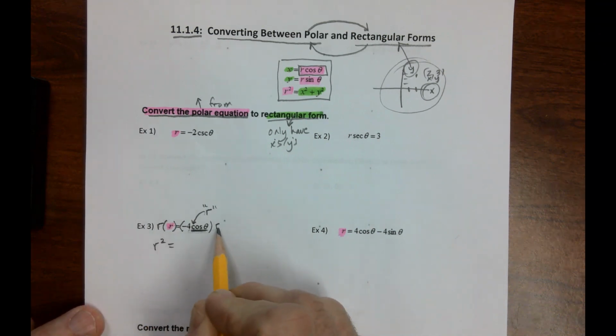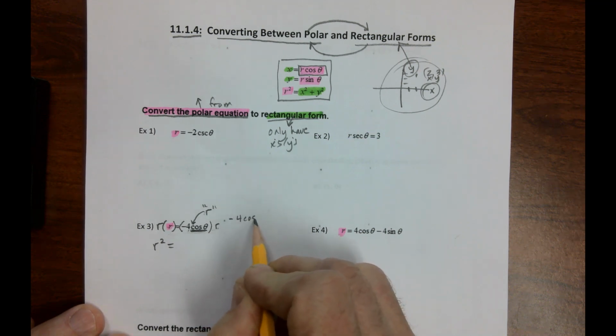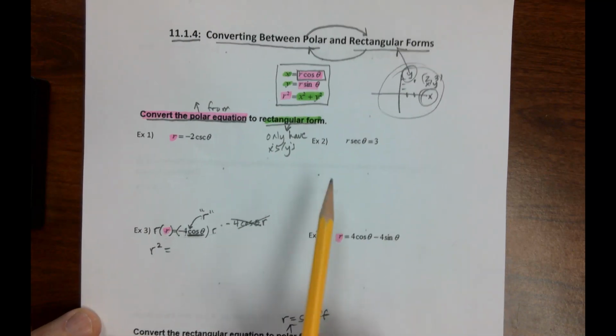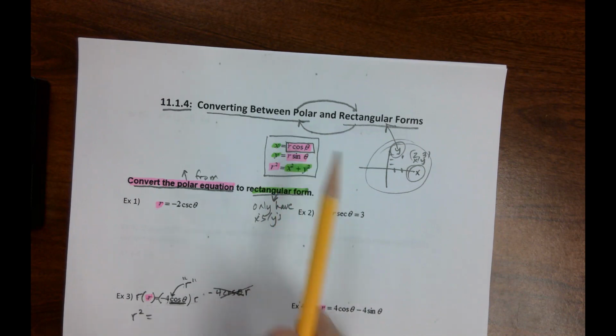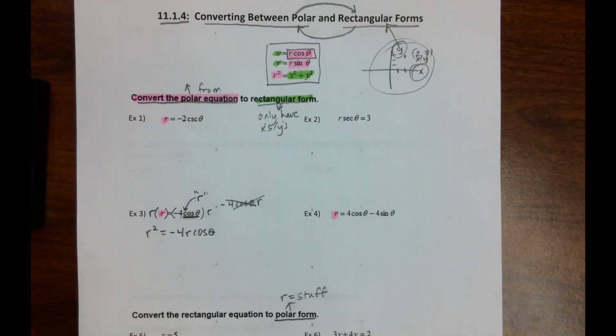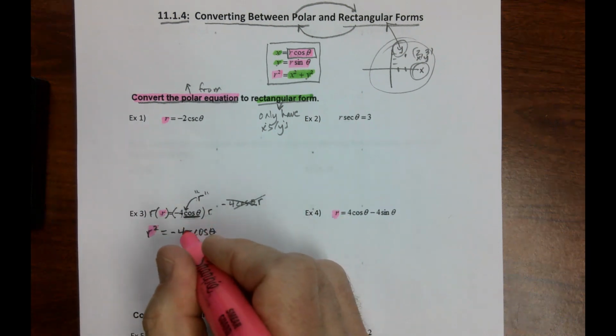What's r times this? Now I could write -4 cosine theta r, but I want you to know that we're trying to create r cosine theta. So I'm going to write it as -4 r cosine theta. Now I want you to look. Here's a polar expression. Here's a polar expression.